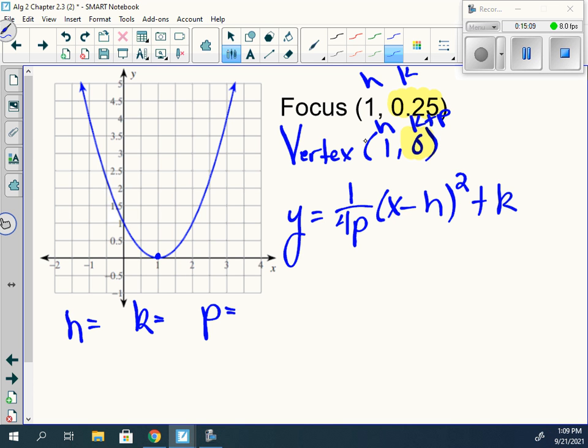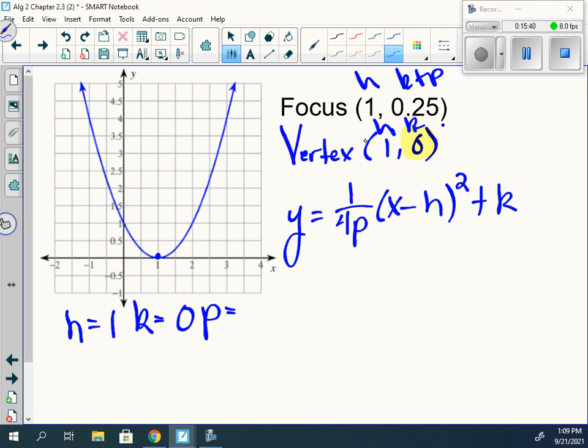Well, h in our case is 1. Because this is h comma k, this is h comma k plus p. I don't know why I thought the vertex was on top. K is 0. H is 1, k is 0.